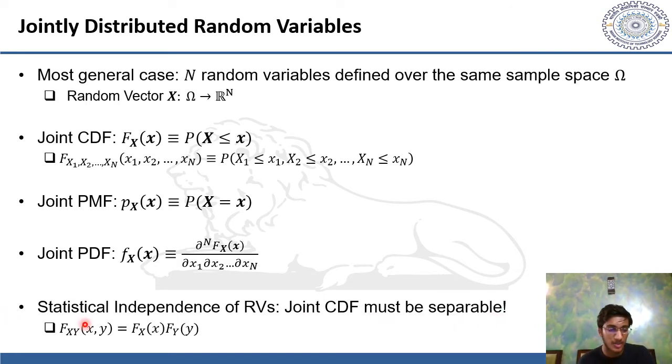That is, if we analyze the case of only two random variables, then Fxy of x comma y must be equal to Fx of x times Fy of y. That is the product of their individual CDFs.